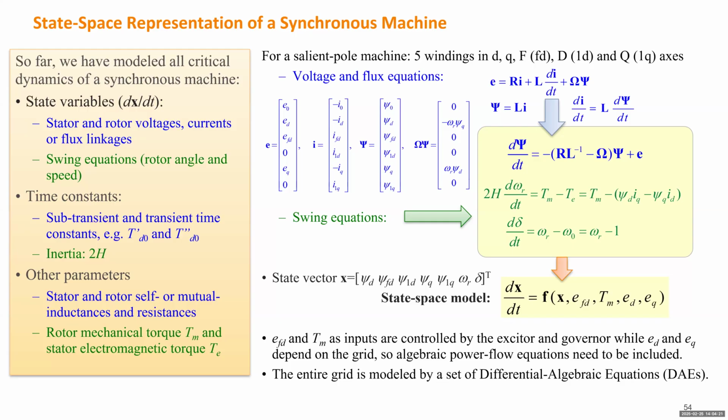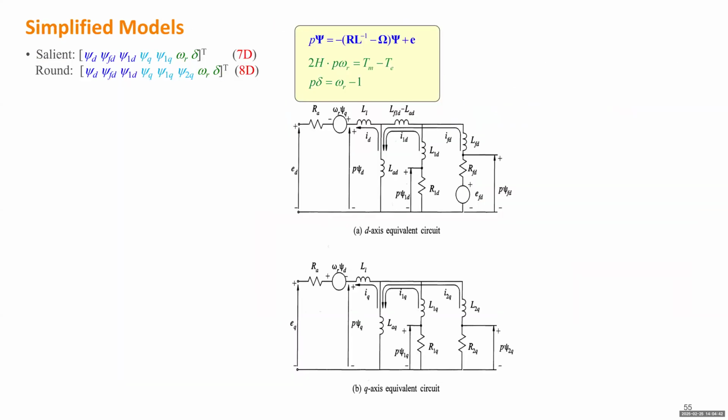So eventually we'll have a DAE model for the power grid. Okay, our next job is to derive this model, a very detailed model showing every equation. Then we'll gradually simplify the model. Let me finish this slide. That is what I'm going to do maybe in the next lecture.